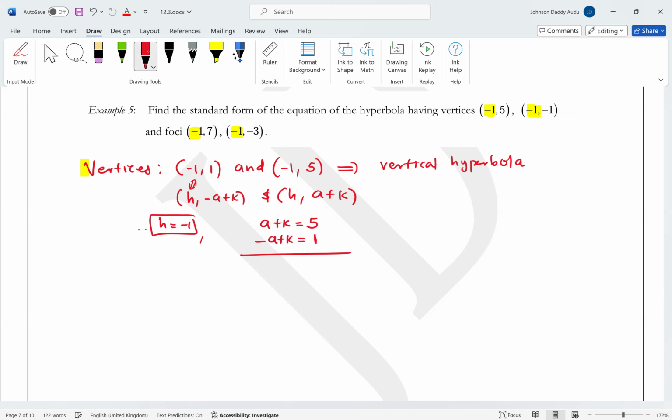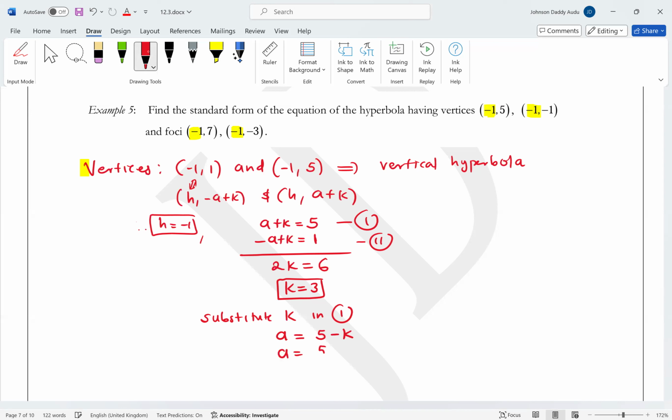By the time you add these, you should have 2k equal to 6, and this tells us that k is equal to 3. Once you have k equal to 3, you can substitute k into the first equation. You will have a equals 5 minus k, so a is going to be 5 minus 3, and I think a is equal to 2.